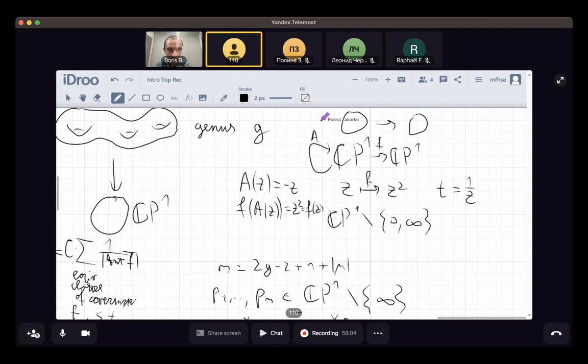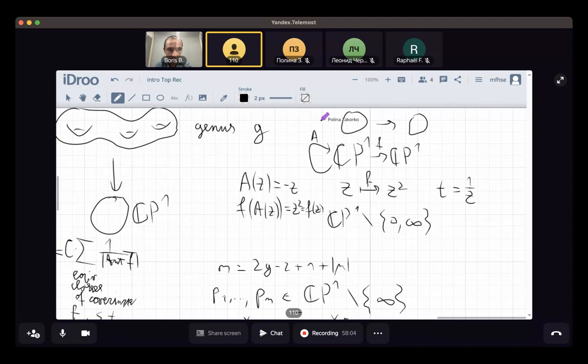Let's look at some point P downstairs in CP1. So this is CP1. And here we have the pre-images.